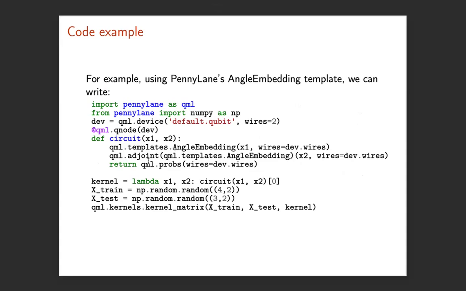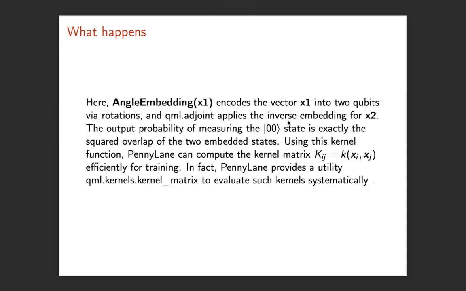And then we have the QML adjoint here, which then applies the inverse embedding for x2. And then the output probability of measuring, let's say, the 0,0 state is exactly the squared overlap of the 2 embedded states. And that defines actually your kernel matrix, the K_ij. And by doing that and using a utility which is called kernel_matrix, you can then evaluate this kernel systematically.